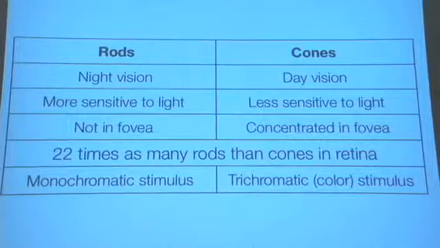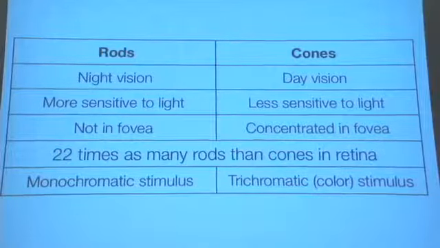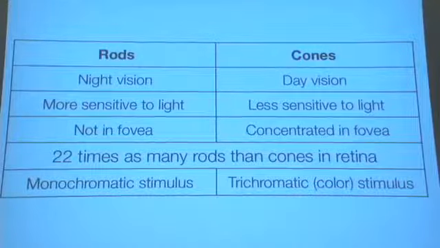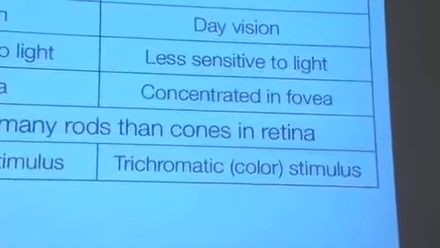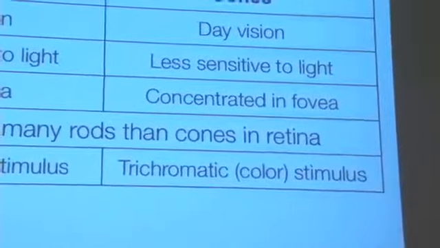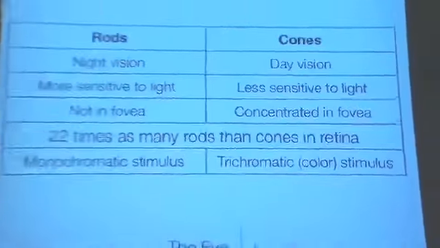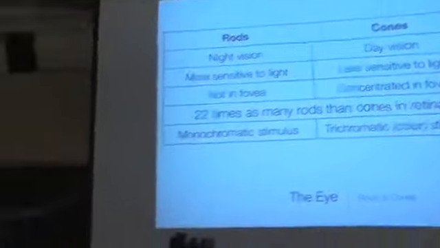Whereas with cones, we are able to see color. We actually have 3 different types of cone cells in our eye, and each one can detect various types of wavelengths that we saw earlier, the combination of which our brain is able to figure out what the color of some particular aspect of the scene is.